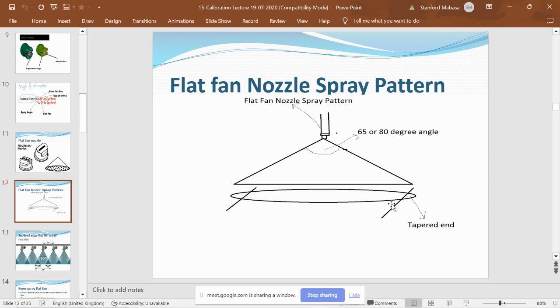And when the spray hits the ground, it creates this shape. And we say the shape has got two tapered ends, this one and that one. If you spray on a dry surface, you can see this shape.